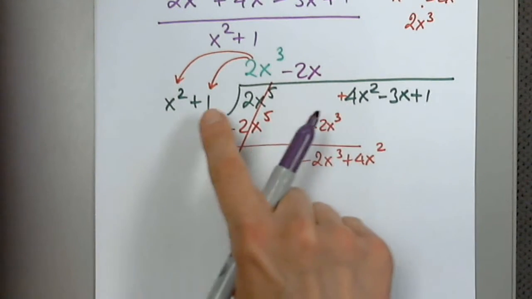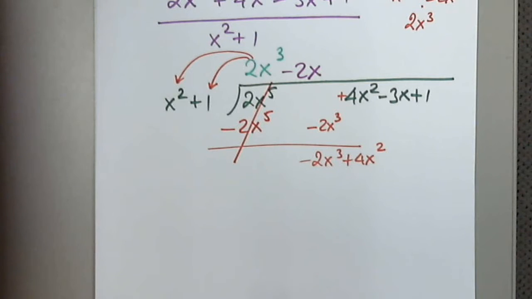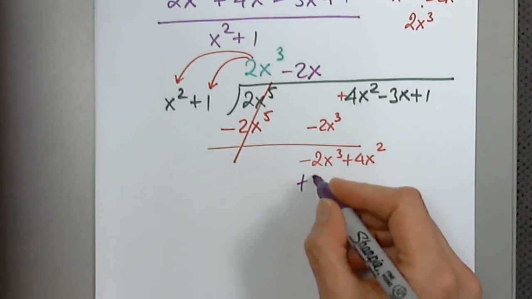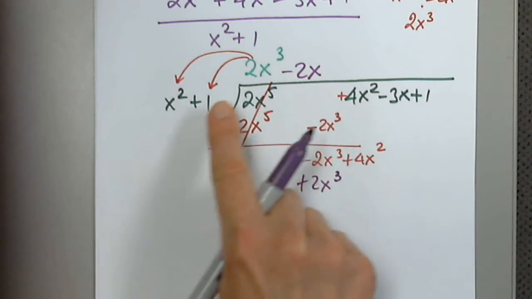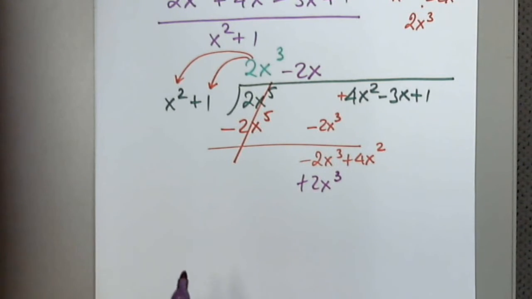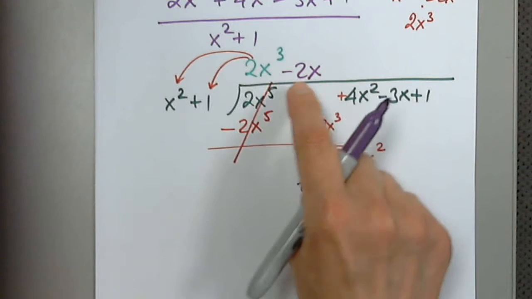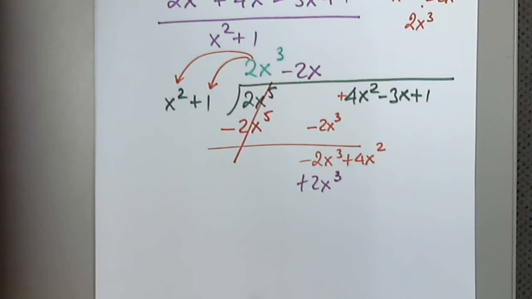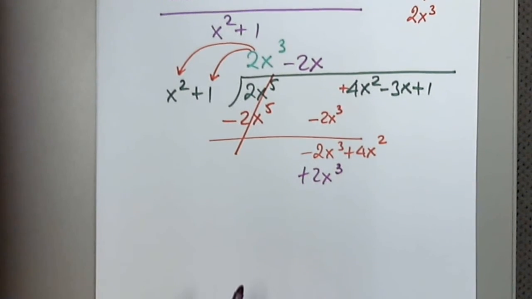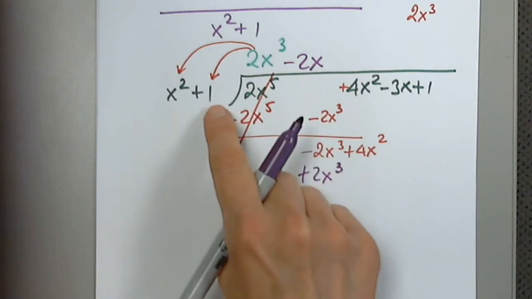Tell me what you write next. I multiply negative 2x by x squared. What do I get? Negative 2x cubed, but plus 2x cubed. Negative 2x times 1 is negative 2x.